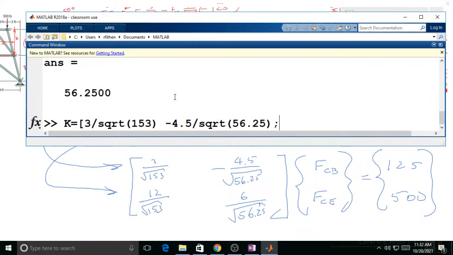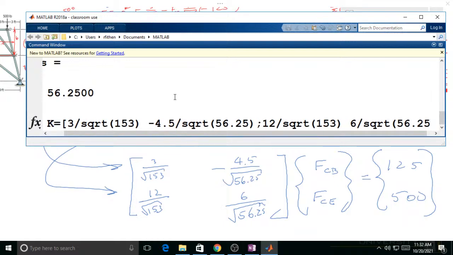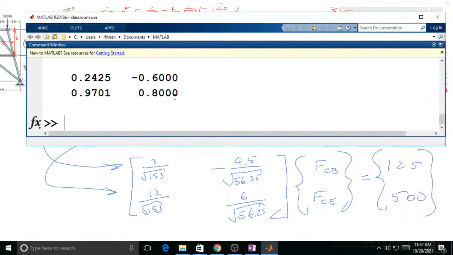Then we go to the second row. 12 divided by the square root of 153. And then 6 divided by square root of 56.25. Close it off and I get that matrix right there.